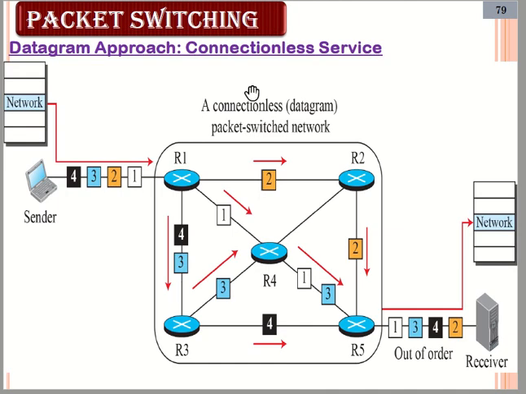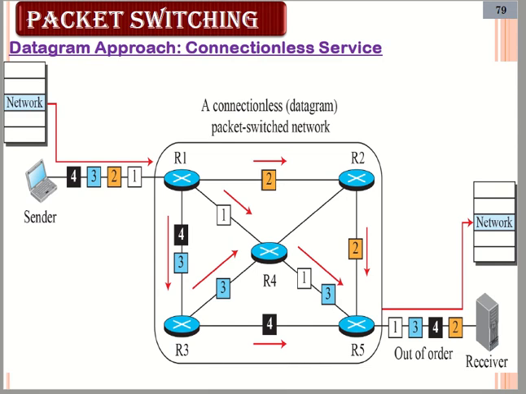As we discussed before, in the network layer the message from the upper layer is divided into packets and sent through a network. The source sends the packets one by one, and at the destination the packets are received one by one.